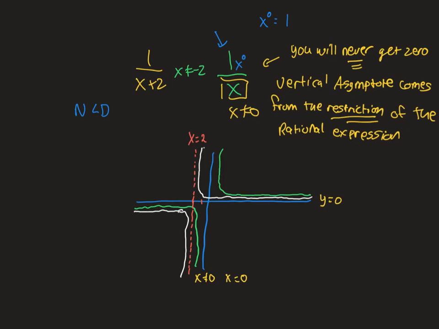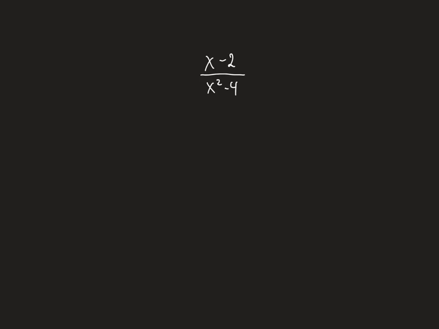So let's see what a hole is then. Alright, so at long last, what is a hole? Well, let's take this example here and let's do what we normally should do, which is to factor, so we can find our restrictions. x minus 2 over x plus 2, x minus 2. Now, mind you, if you're looking for your horizontal asymptotes, you want to look at your original function, which is this.